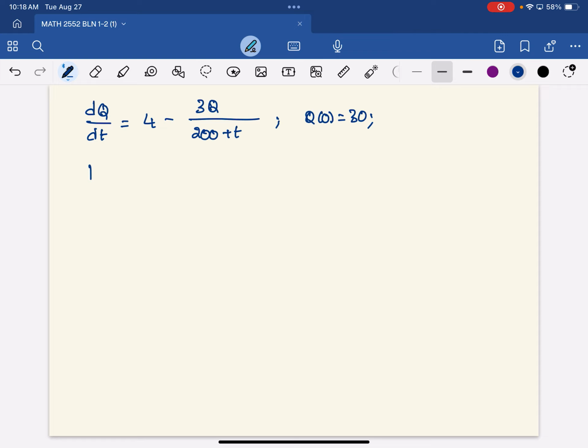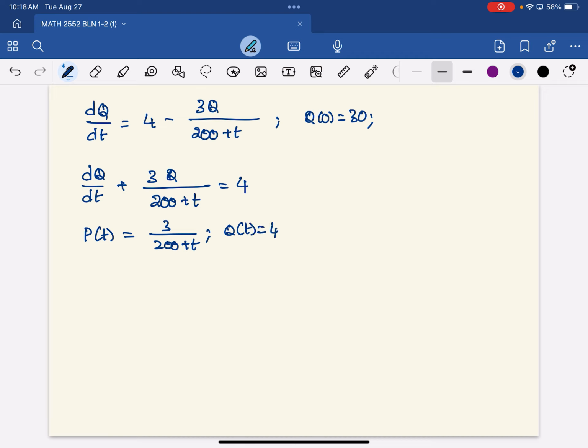So if you write dQ/dt plus 3Q divided by 200 plus t equals 4, then p(t) is going to be 3 divided by 200 plus t, and your q(t) is going to be 4. If you go with the integrating factor, you would take e to the integral of p(t) dt, which is e to the integral of 3 divided by 200 plus t dt.